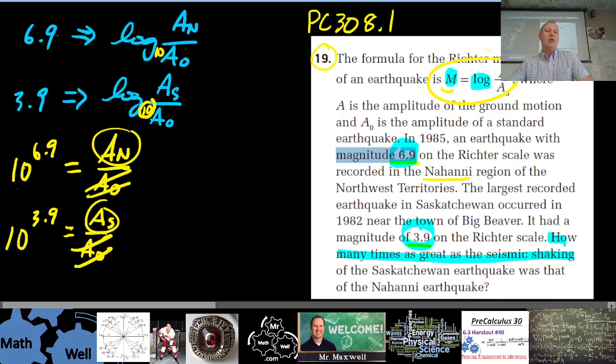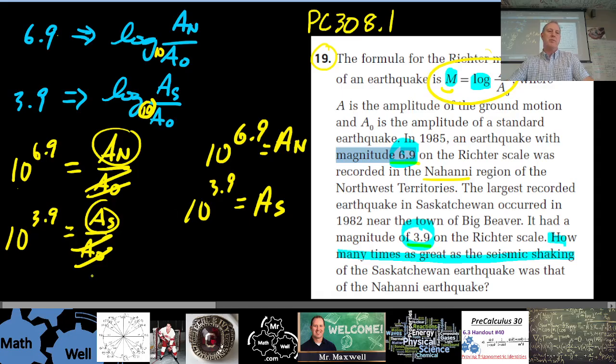So really, you could let 10 to the power of 6.9 equal your A_N, whatever that is, and 10 to the power of 3.9 as A_S, whatever that is. You could multiply both sides and so on, which is fine, but let's just say they're roughly equal to whatever this is.